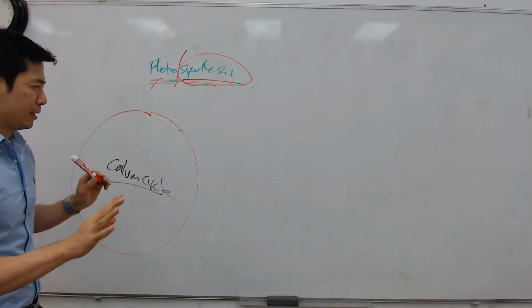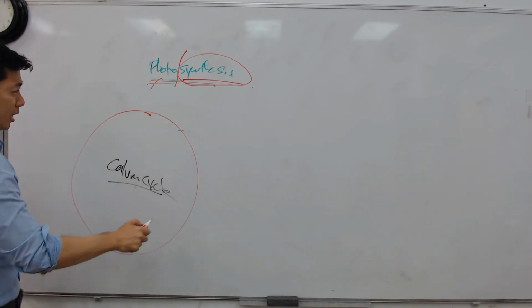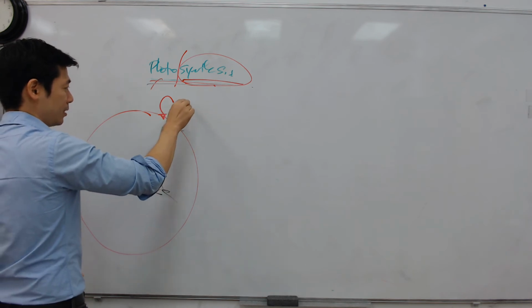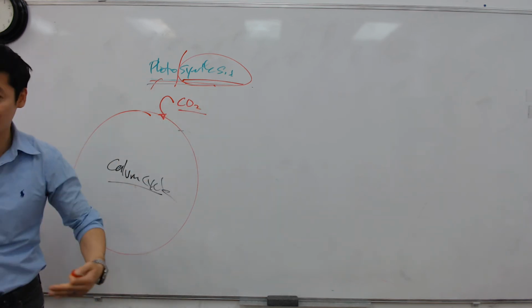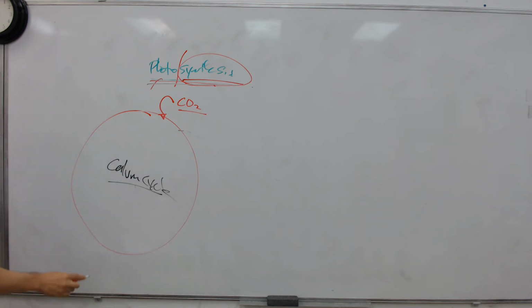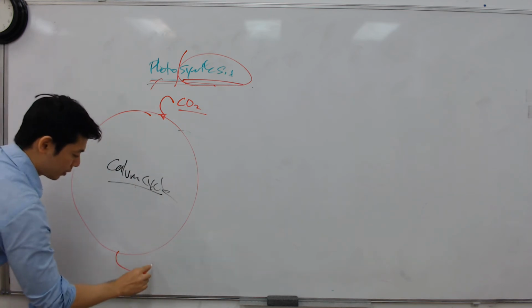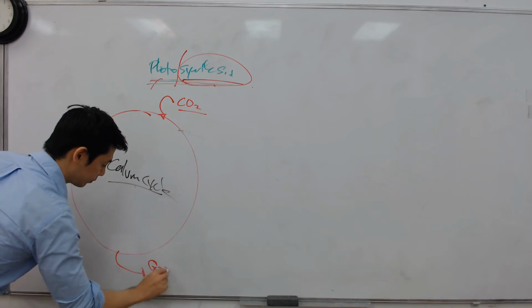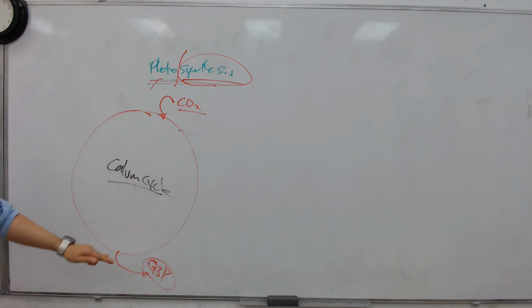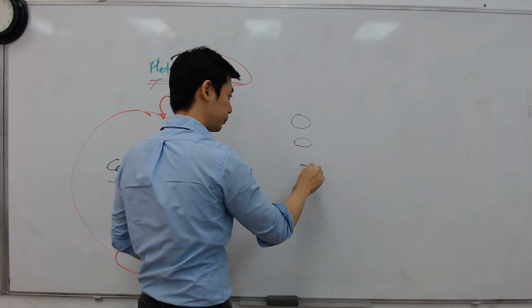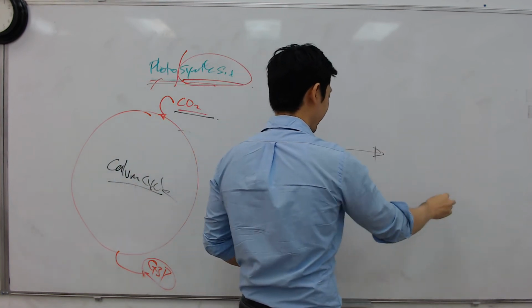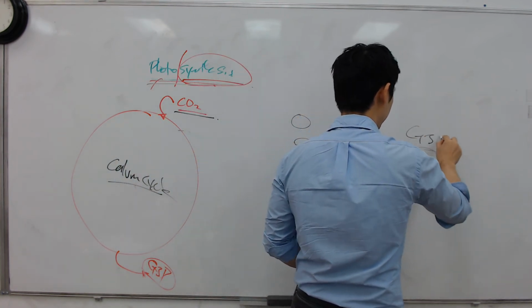So keep in mind, guys, what do they do? They bring in CO2. They call this fixing of the carbon dioxide gas. And what happens? They produce G3P. That's the Calvin cycle. So CO2 is the smaller subunit, and they're turning it into the larger G3P, a 3-carbon molecule.